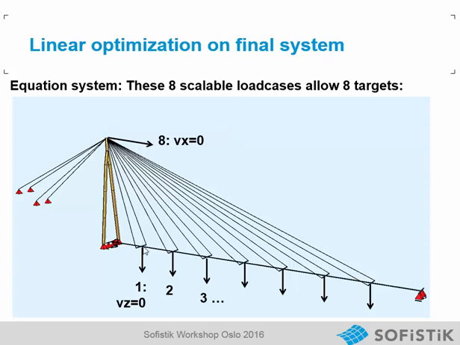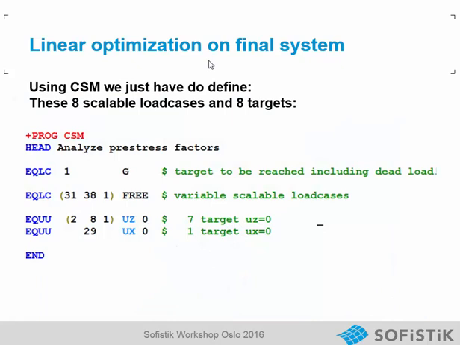Here we wish the target of the deformation Vz equals 0, because when the deformation is 0 at these points, we automatically get a well-balanced bending moment in the superstructure. And for the backstay cables, we can wish the deformation Ux equals 0 on the top.